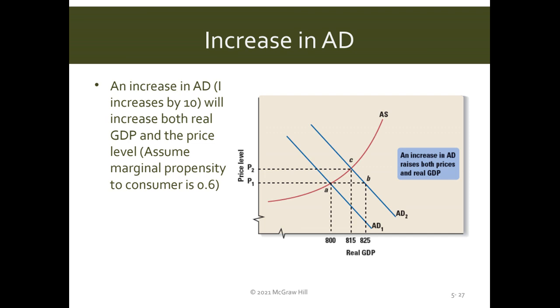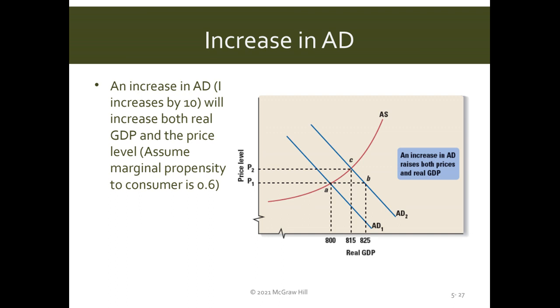Hello everyone. In this session, I'm going to discuss the remaining part of the aggregate demand, aggregate supply model. In the first part, we talked about the macroeconomic equilibrium, and then we discussed recessionary and inflationary gaps.